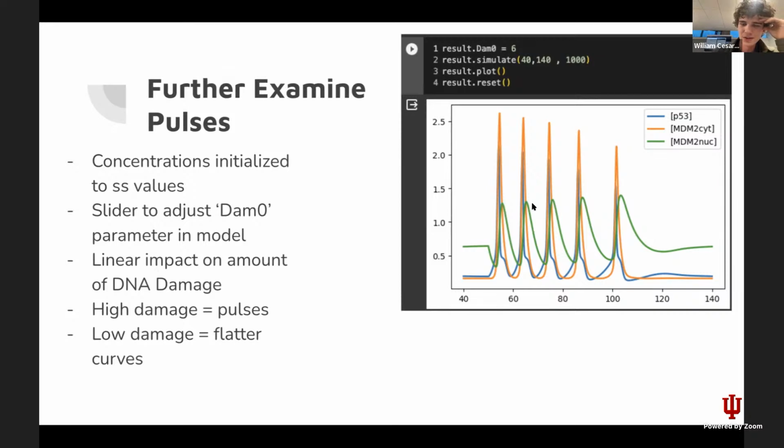I think the function is that the system is trying to repair this DNA damage, and it takes multiple pulses in order to do so. And scientists have not found a correlation between the amount of pulses and the decision that the cell makes yet, which I kind of want to look into in the future, but I don't know how.